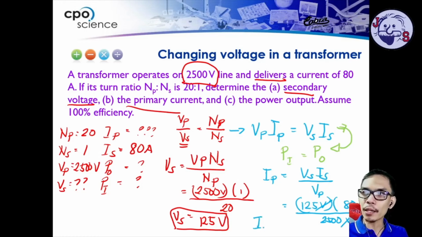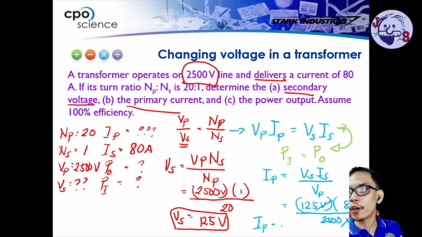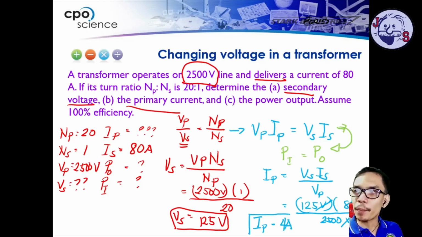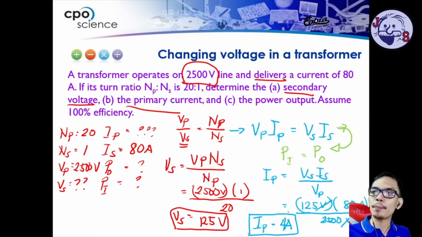So the primary current is 125 times 80, which is 10,000, divided by 2,500, that is 4 amperes. So the current on the primary side is 4 amperes.